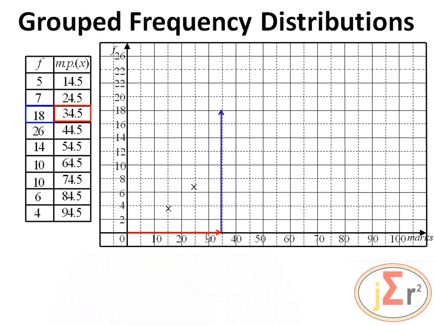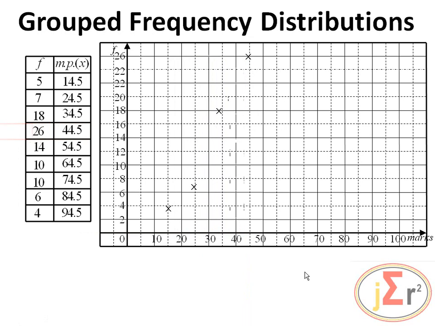And we are going to put our little point right there. And 44 is our next x value. So we go to 44 and we go up all the way to 26 and we put our x right there.